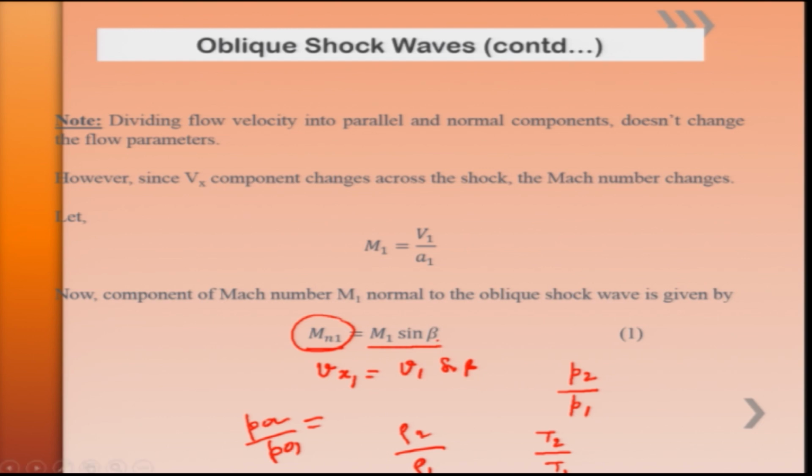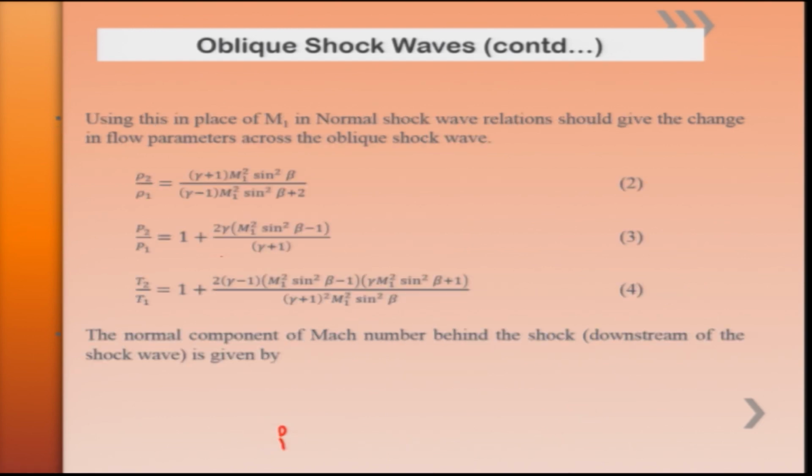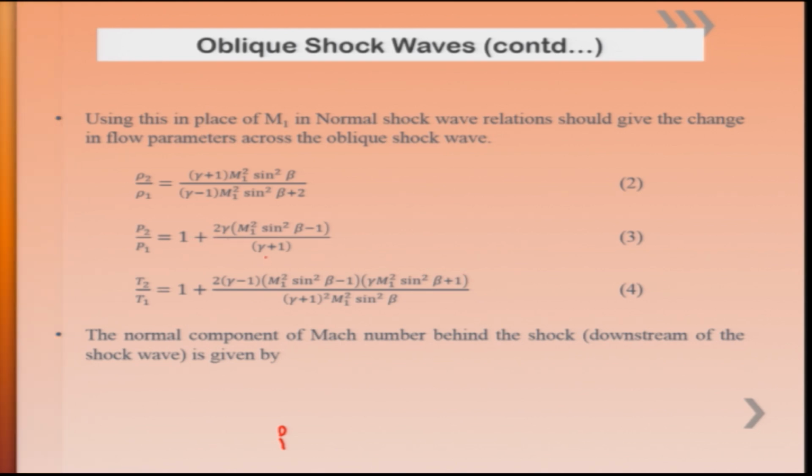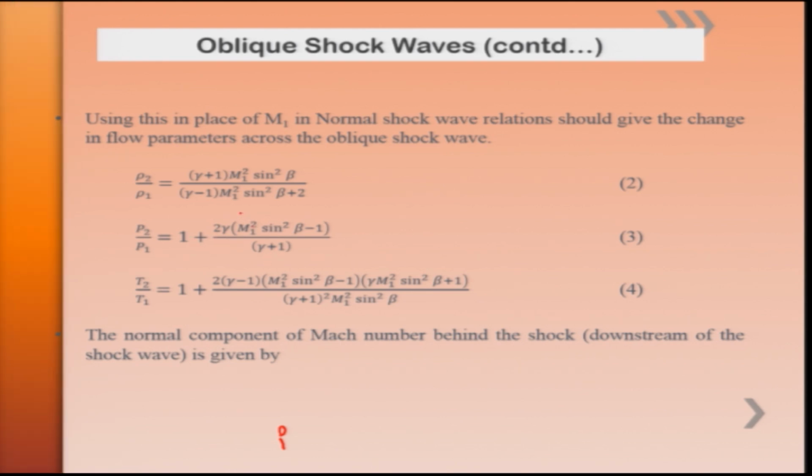That is exactly what has been done in this slide, that is P2 by P1 equals 1 plus 2 gamma upon gamma plus 1, and since in the normal shock relationship this was M1, we have replaced it with M1 square sin square beta minus 1, and likewise in the other expressions. So by just replacing M1 with M1 sin beta in the normal shock expressions, we can obtain these relationships for static pressure ratios across the oblique shock wave.